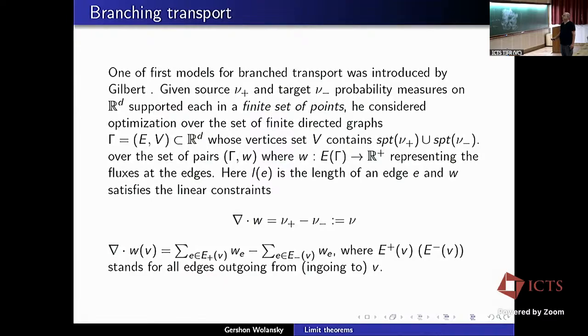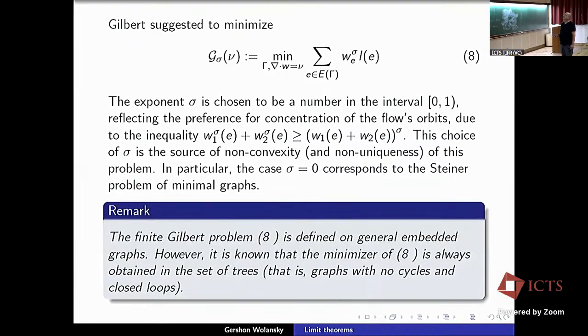So this is just a geometric picture of a graph. So what we want to minimize is, given a graph and given a value function W such that divergence of W equals the given n, which is n plus minus n minus, minimize this.